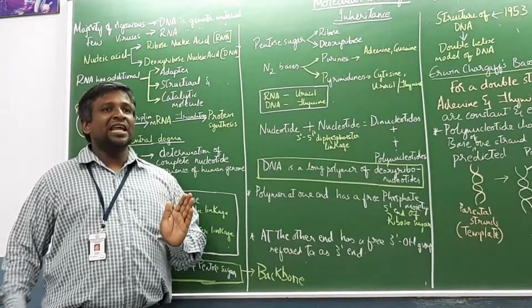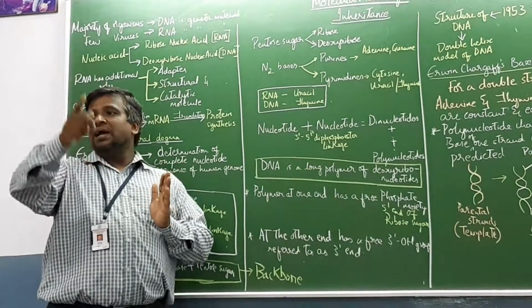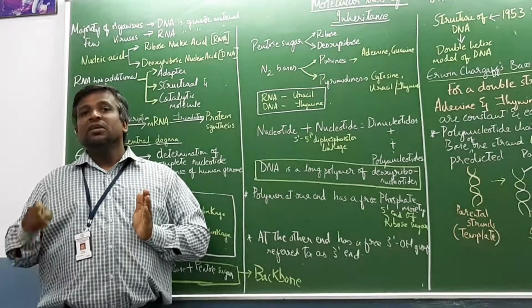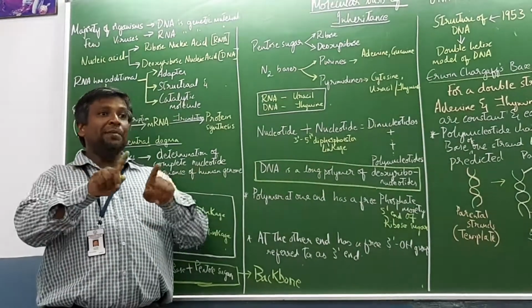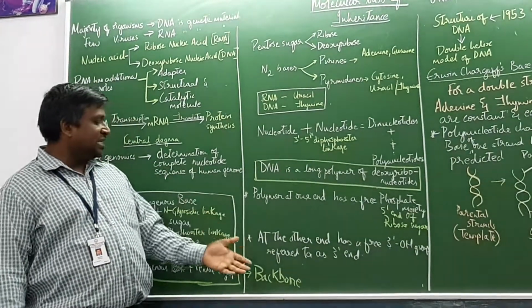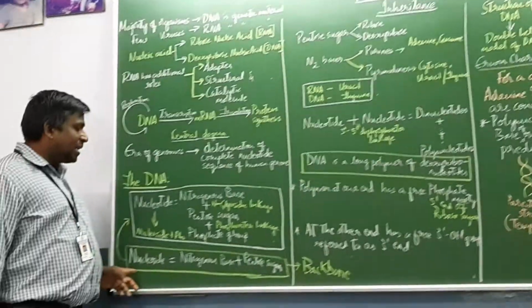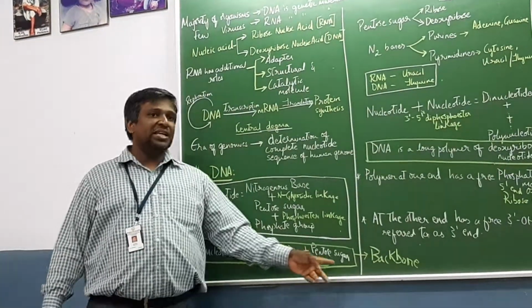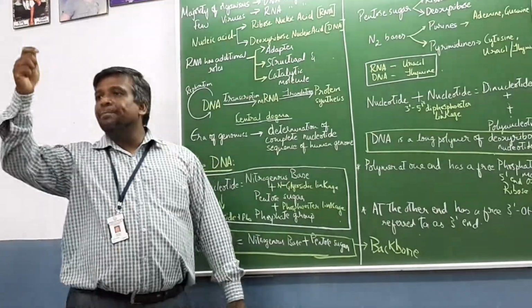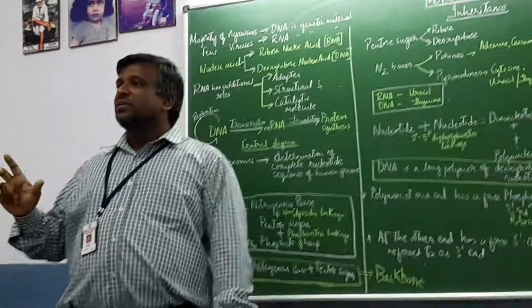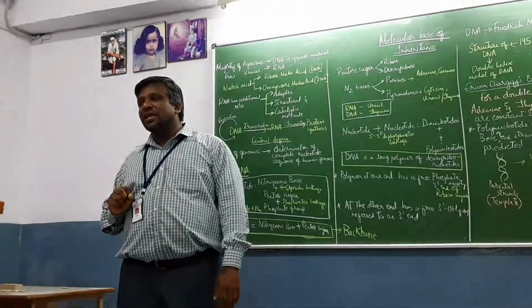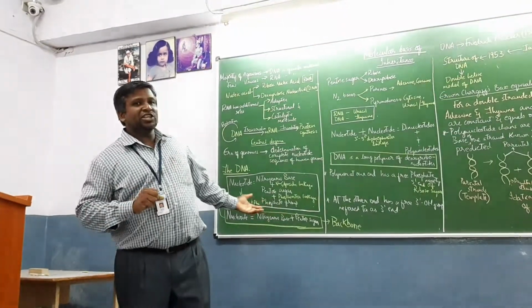One strand is in the direction from 5' to 3', the other strand is in the direction 3' to 5'. Anti-parallel strands are there. That we'll discuss later. The nitrogenous base and pentose sugar with the phosphate form the backbone of the structure of DNA.